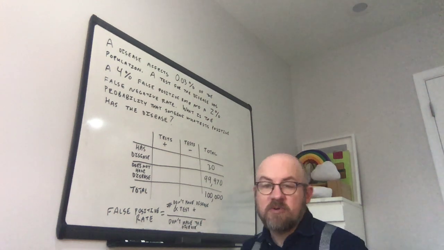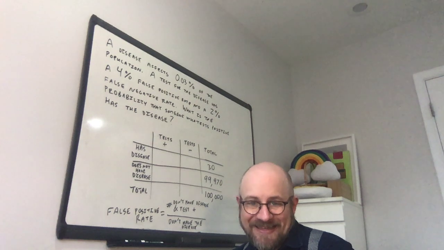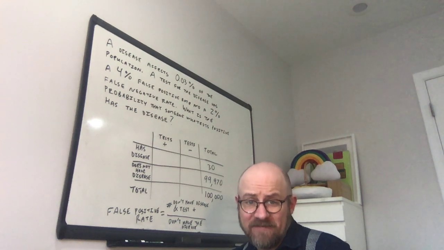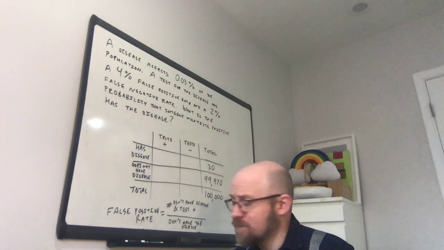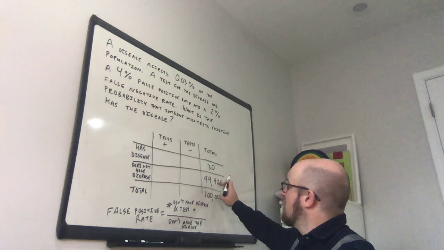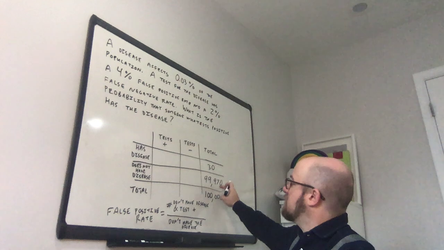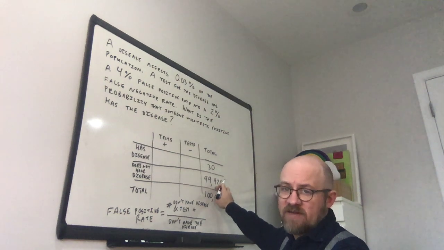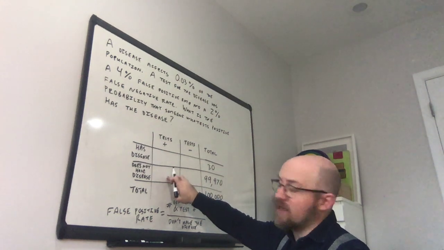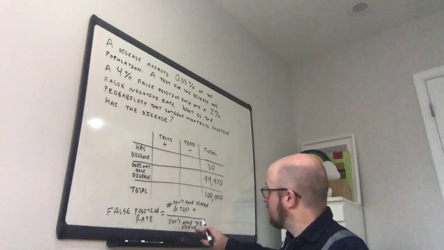So it's the percentage of people who don't have the disease who test positive anyway. In this case, that's going to give us the value here: the percentage of these 99,970 people who test positive even though they don't have the disease.